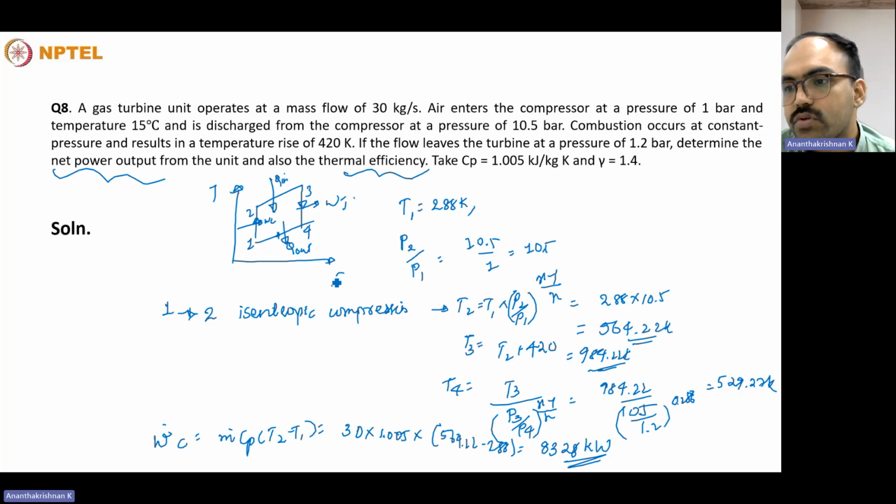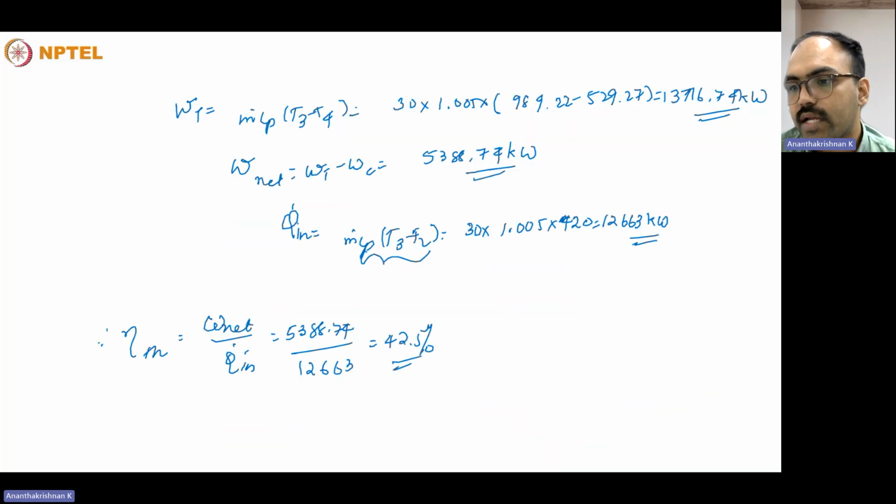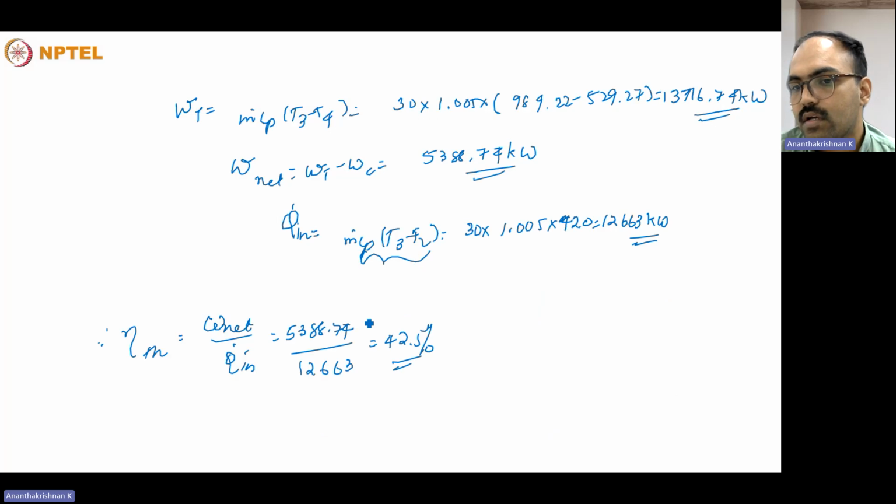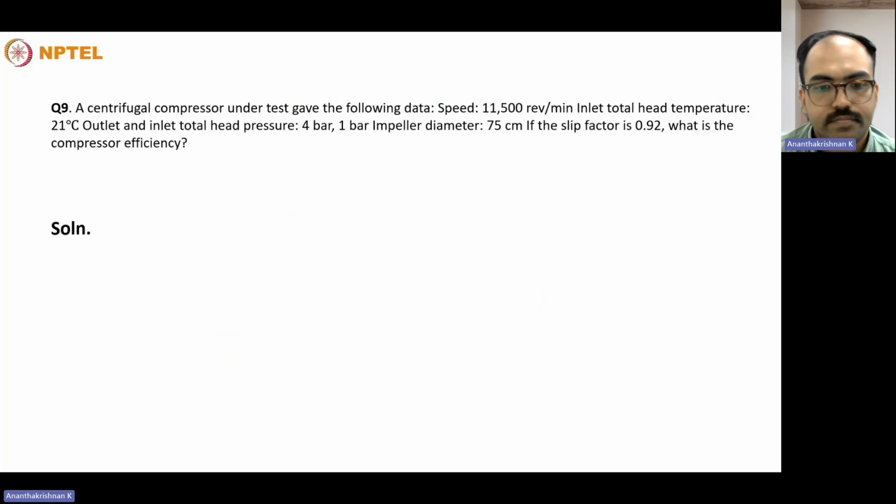So this was a similar problem compared to the first one, but here the only difference was that the temperature rise was given straight away. So we could correlate straight away to get the heat input. The net work could be represented as the turbine work minus compressor work, and thermal efficiency was straightforward.